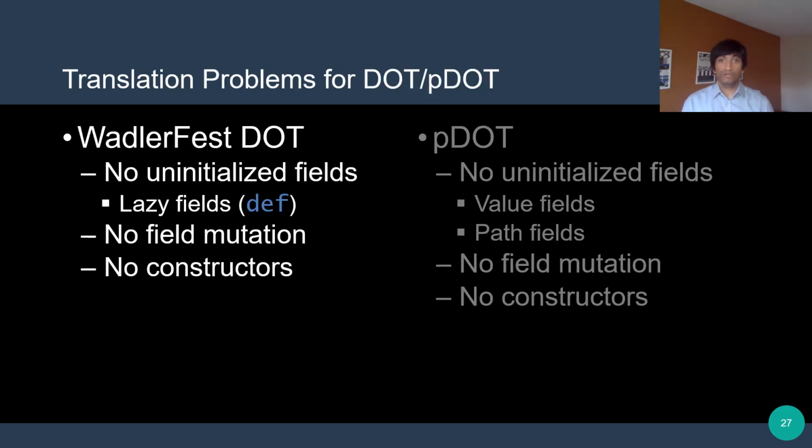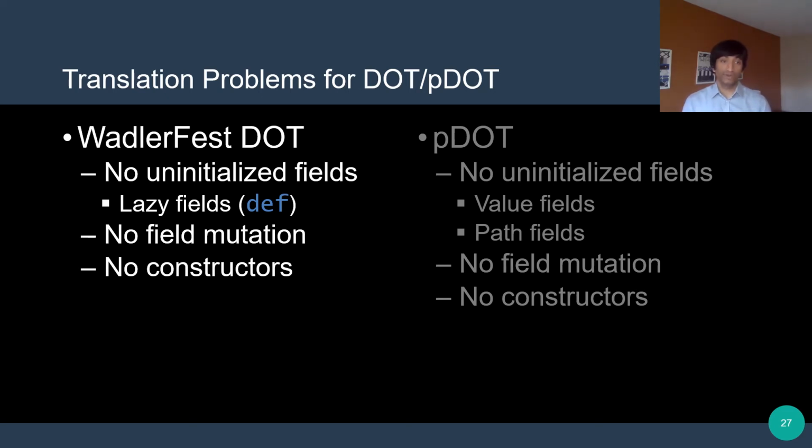The problems we run into are as follows. Wadler-Frisk DOT has the problem that it has no notion of uninitialized fields. Objects are allocated with fields pre-populated with terms that are lazily evaluated on field reads. Accessing a field behaves like Scala methods introduced using the def keyword, but we were looking for something that behaves like Scala fields introduced using the var or val keyword.